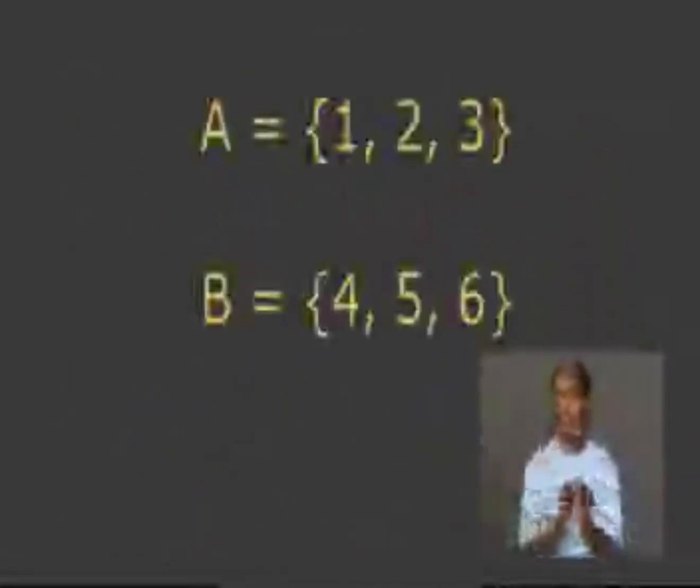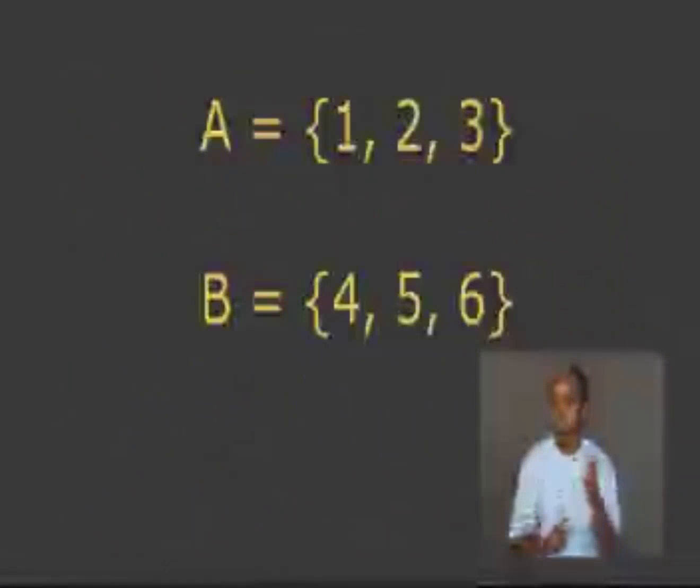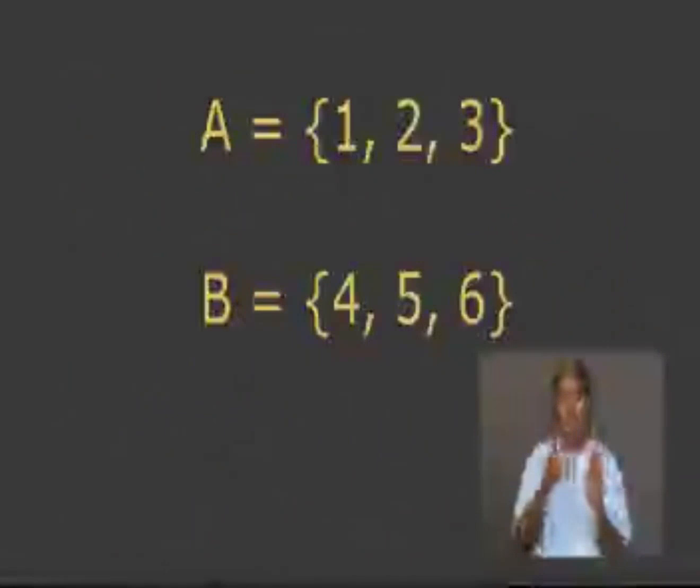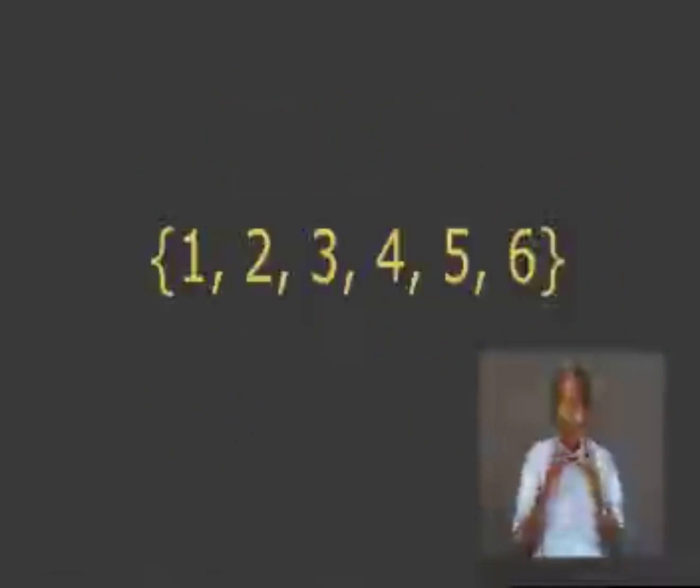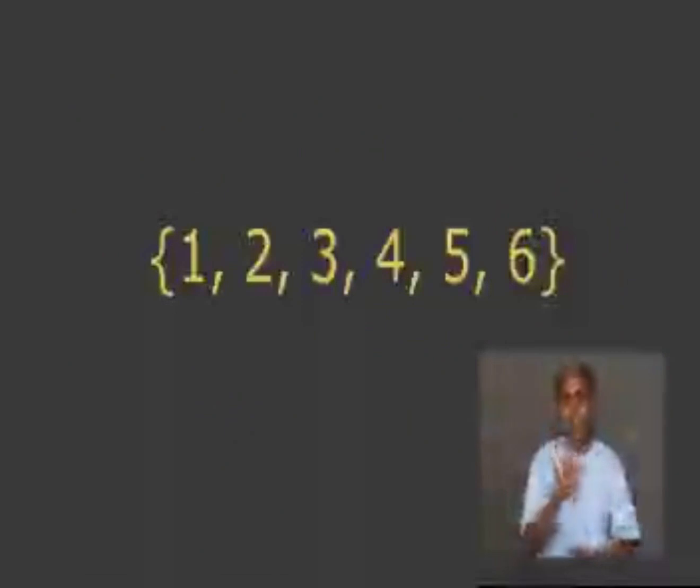Let A be the set containing 1, 2, 3, and B be the set containing 4, 5, 6. If we group these elements into one set, the answer is the set containing 1, 2, 3, 4, 5, 6.